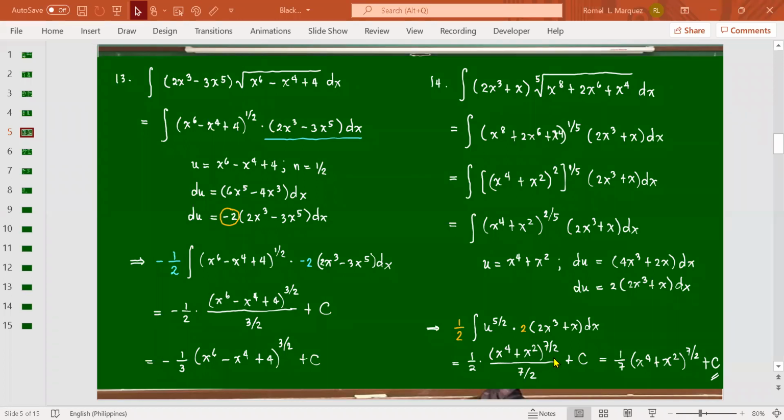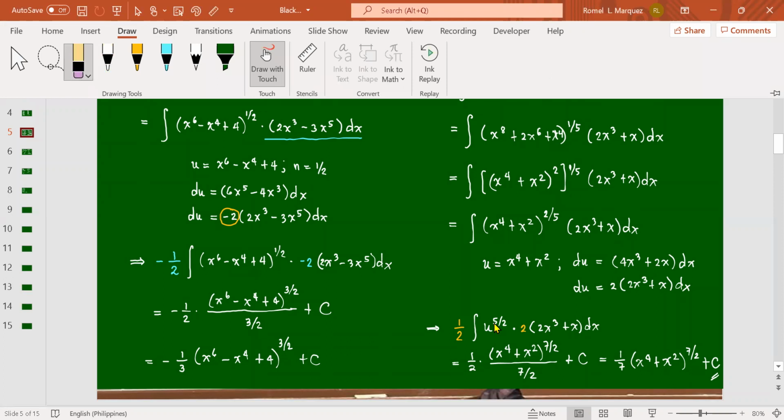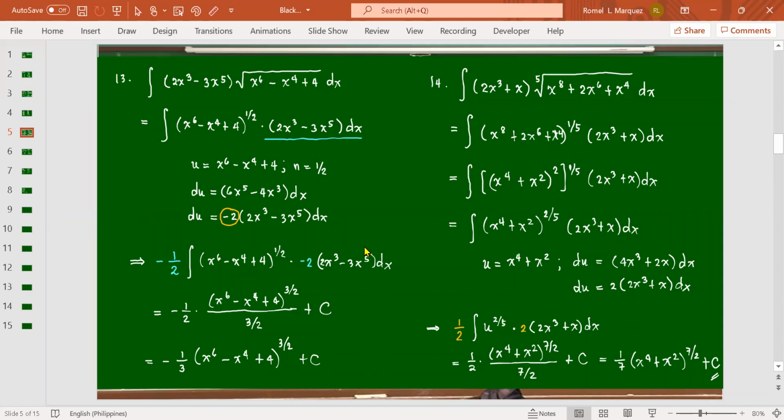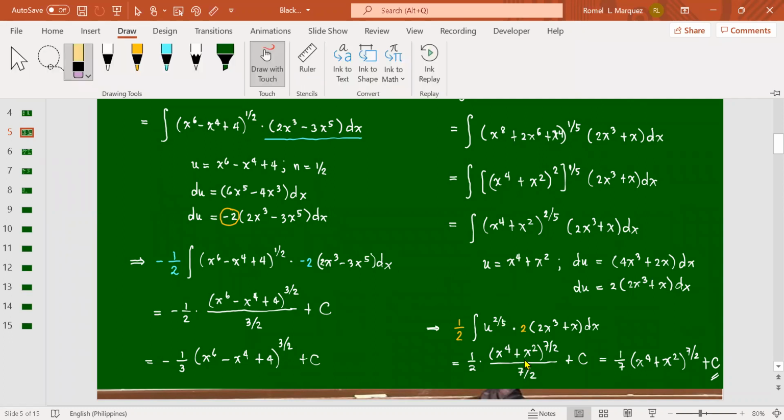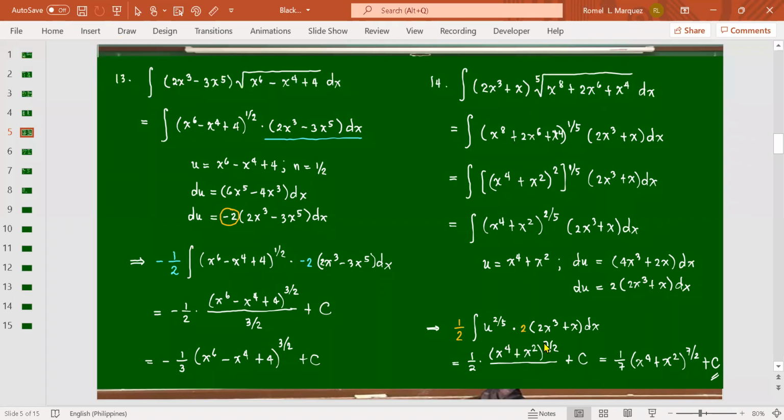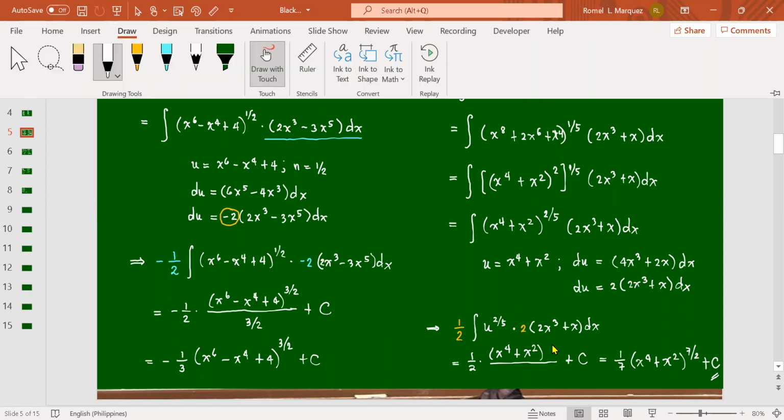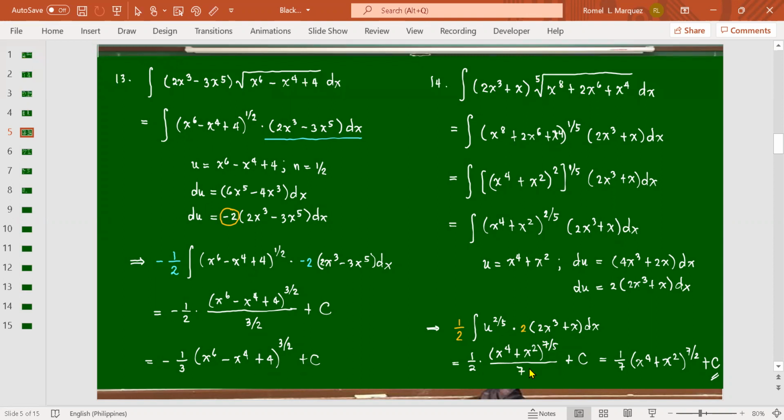Oo nga, no? Bakit ba naging 5 over 2 yan? 2 over 5 po pala dapat siya. Ikaw ba nag-dictate nito? Nalito din po ako, sir. Sorry po, hindi ko napansin. Naduling din ako, 2 over 5 ang tingin ko na rin 5 over 2. Ano yung sum? 7 over 5 po siya, sir. 7 over 5. So, plus 5 over 5, 7 over 5. Magiging 5 over 14 na? Yes po, okay na po.